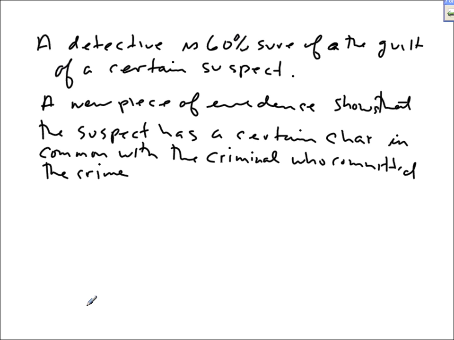There was a crime committed, somebody stole your bicycle, and the detective thinks that this person they picked up as a suspect is 60% guilty. And a new piece of evidence: person has long hair, the person's bald, person wears pink polka dotted sneakers, some characteristic. The suspect and the criminal who committed the crime, they have this in common.